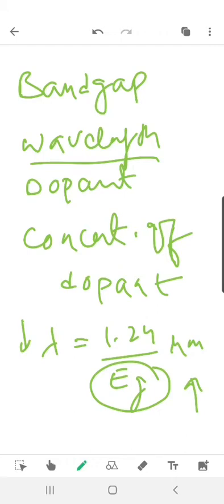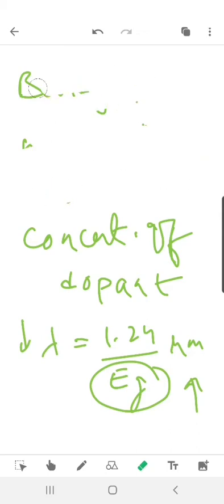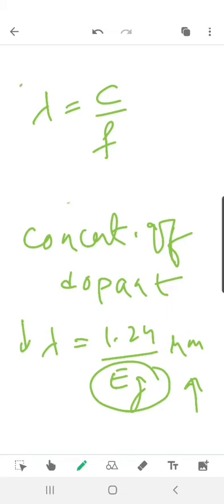If I talk about wavelength and frequency, we know that they are interrelated, and the relation between them is lambda equals C divided by F, where lambda is the wavelength of the light, F is the frequency, and C is our speed of light.